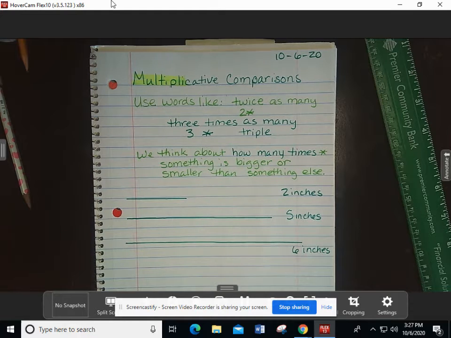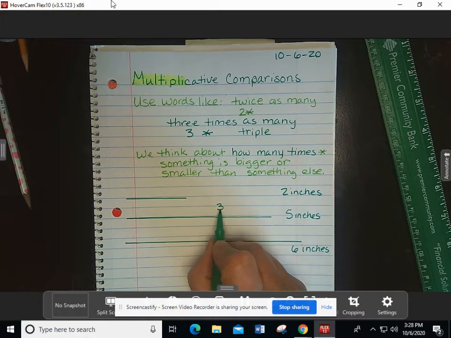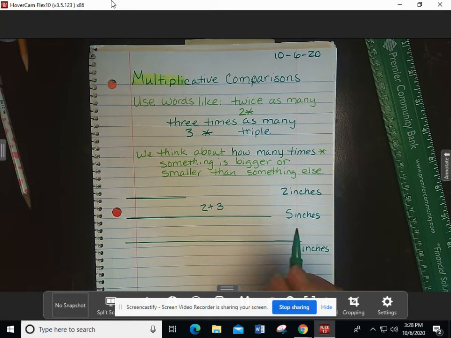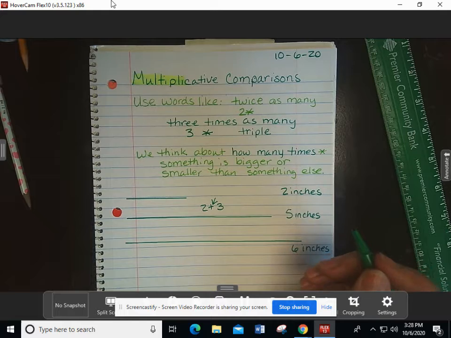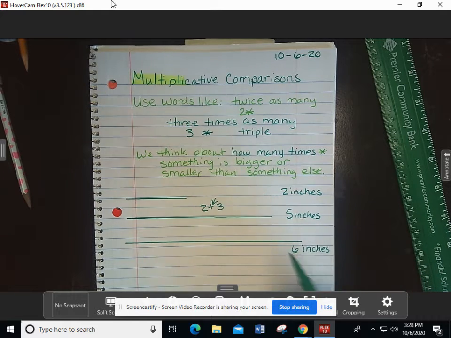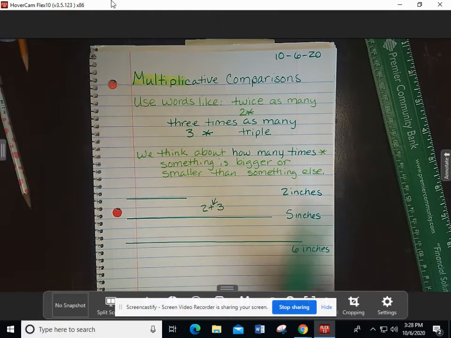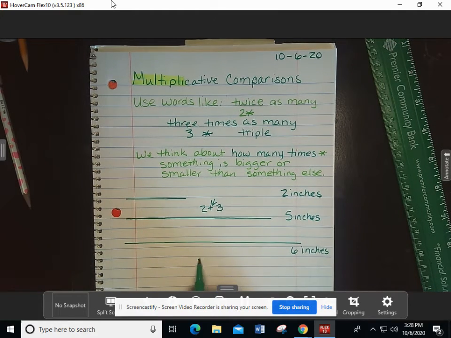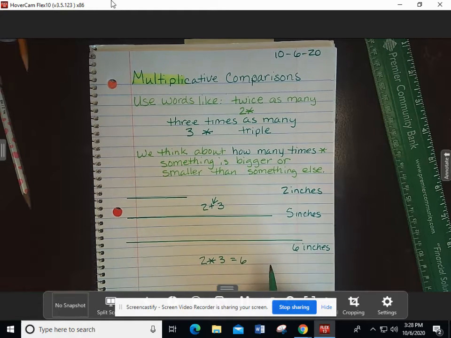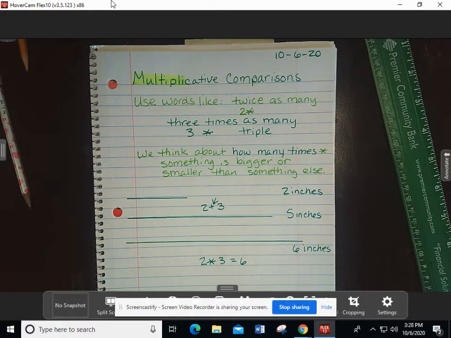Then I asked you to draw a line that is 3 times longer than our 2-inch line. If you came up with 5 inches, this means you did 2 plus 3. We're talking about 3 times as many. Remember, 3 times as many means multiply by 3. So we would want to do 2 times 3 to have 6. So this one is incorrect.